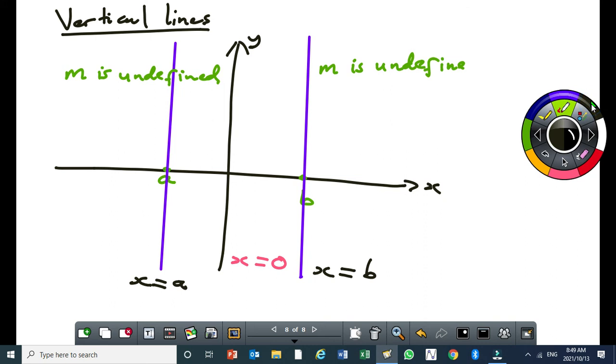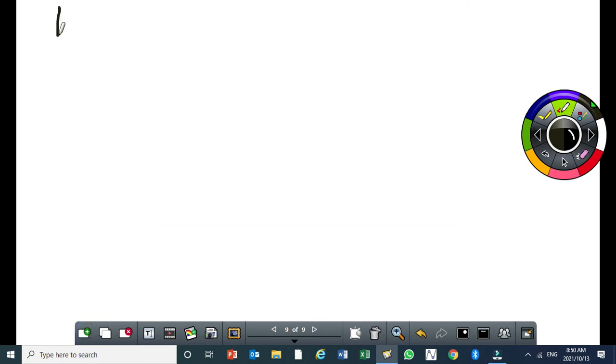Then horizontal lines. Okay. Horizontal line.